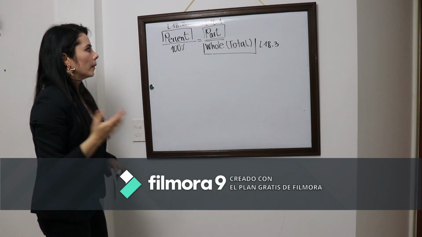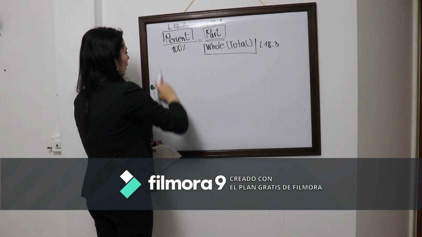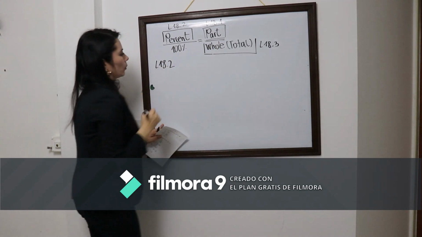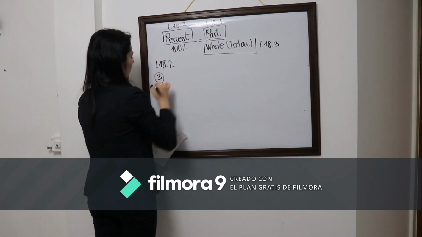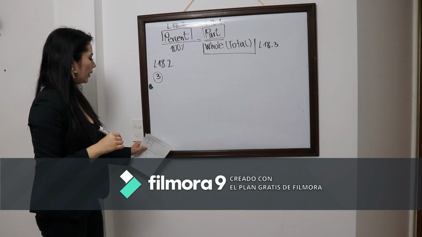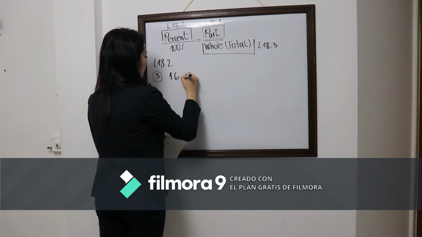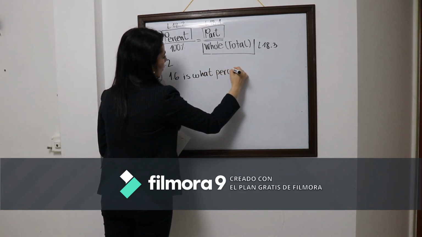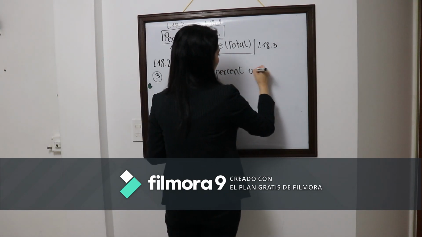Okay? Now, let's just think about that. I'm going to work on lesson 18.2, of course, because that's what we are working with today. And I'm going to look for problem number 3. Problem number 3 says 1.6 is what percent of 12.8?